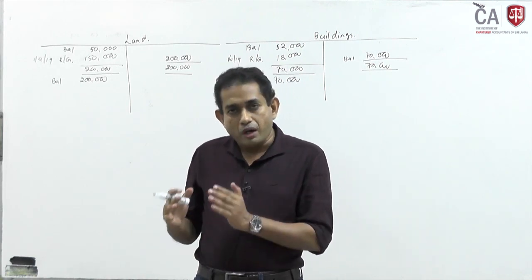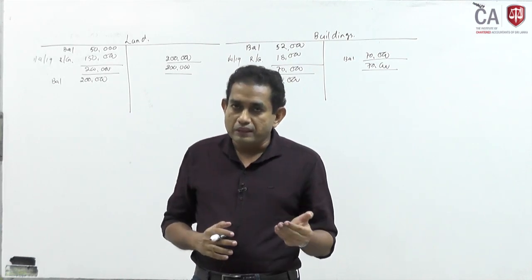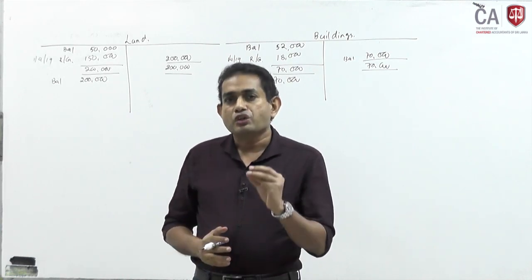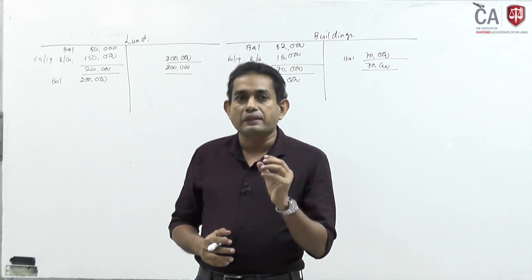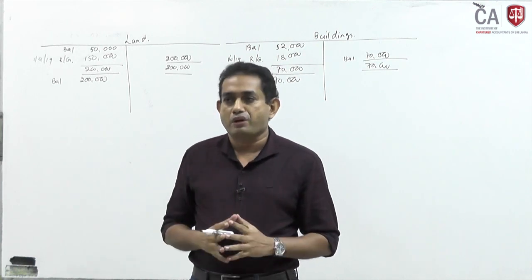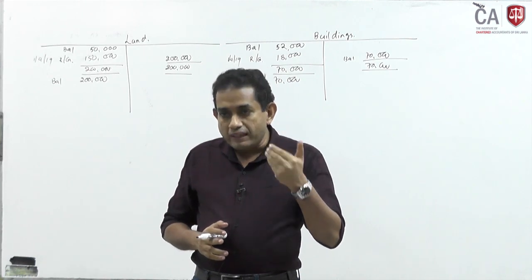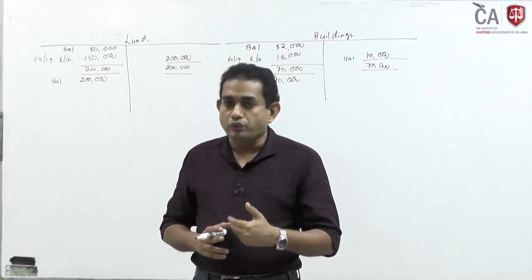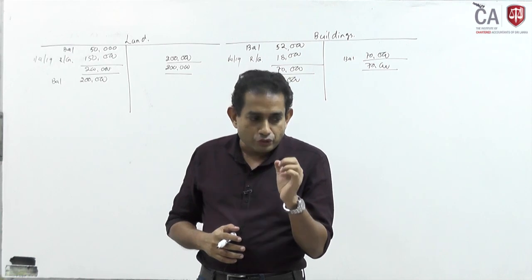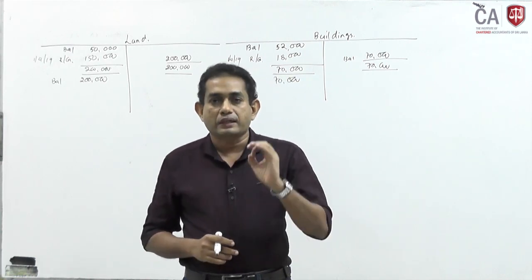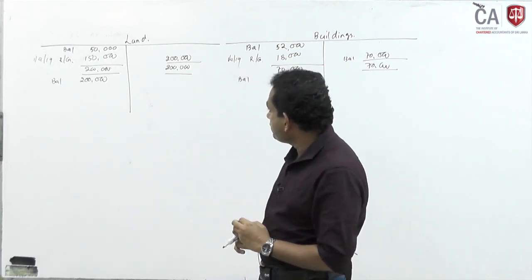So, before you transfer properties from LKAS 16 to LKAS 40, you need to first complete the revaluations and then transfer it to investment property. So, since you revalue it before you transfer it, your revaluation should still be under LKAS 16 property, plant and equipment.